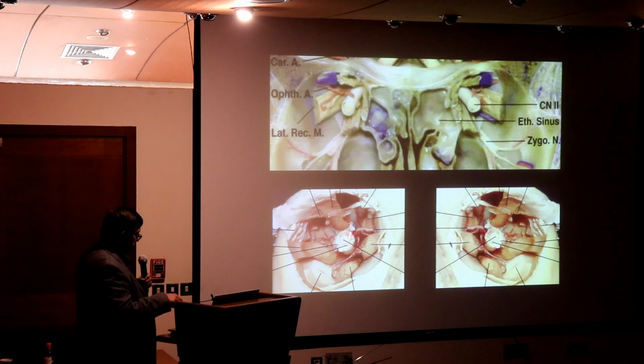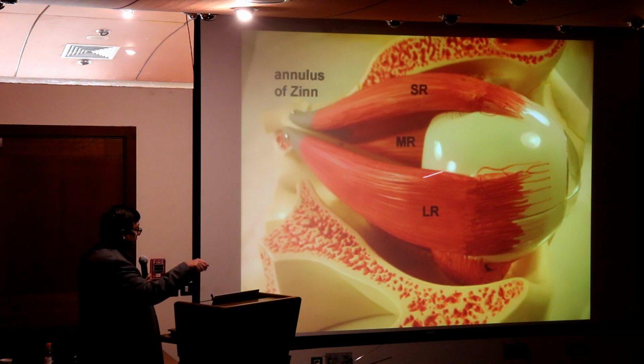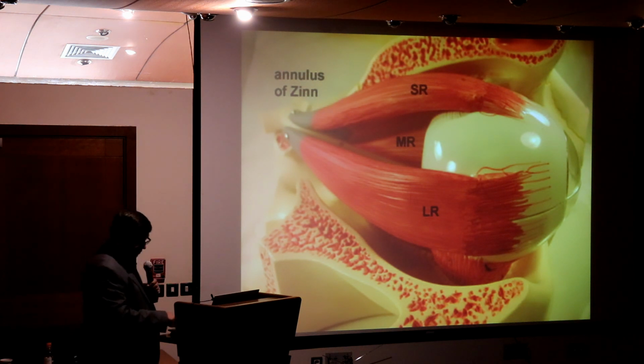Here is the optic nerve and the muscles surrounding it at the apex of the orbit. So intraconal means within the cone of the muscles, just like that. The annulus of Zinn sends its muscles: lateral rectus, superior rectus, medial rectus, inferior rectus. If you are inside this cone of muscle, then this is called intraconal, while anything between the muscle and the bone is extraconal.